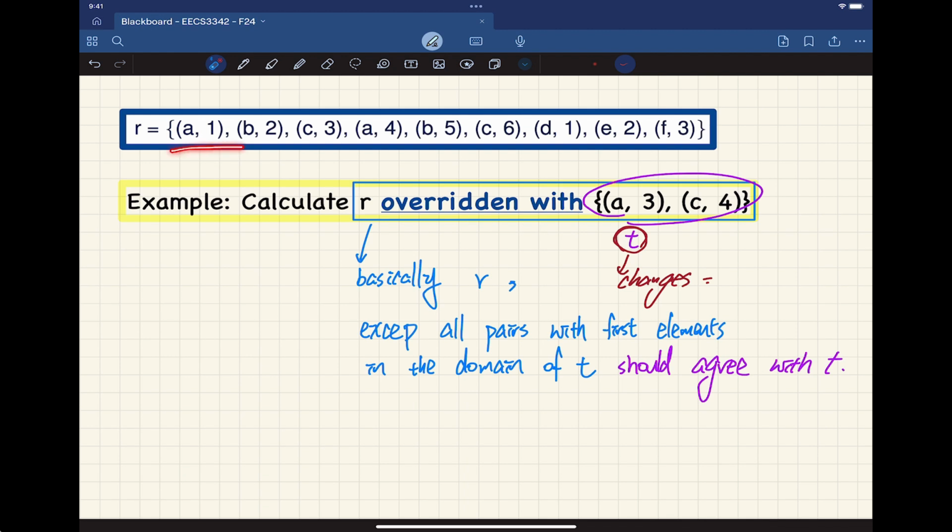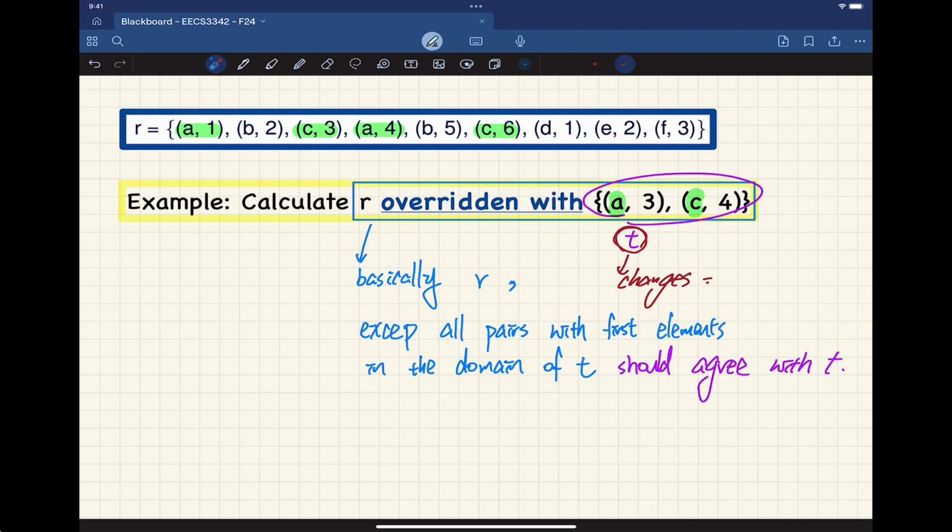Now, given this relation here, we want to choose all the pairs where their first element is in the domain of this one here, so A and C. Choose them all first. A here and C here. Let's get this one here, this one here, this one here, this one here. Right? So these are the AC involved pairs. All of those should really agree with T. If they don't agree, they should not belong to R. They should be taken out.